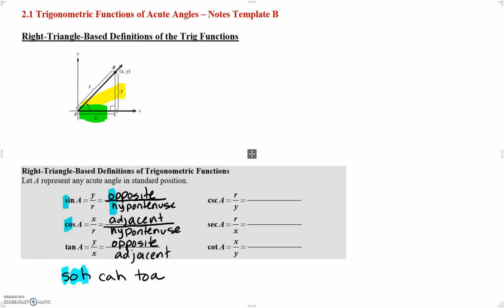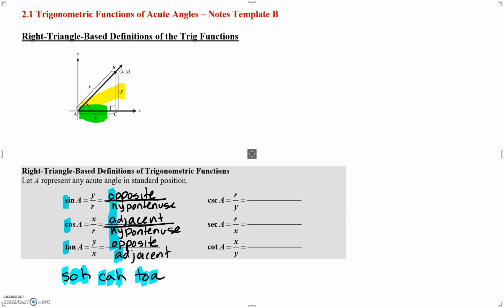And then we have the CAH right there. So CAH stands for the first letter of each thing. And TOA. Tangent is opposite over adjacent. So SOH CAH TOA. So sine is opposite over hypotenuse, cosine is adjacent over hypotenuse, and tangent is opposite over adjacent.